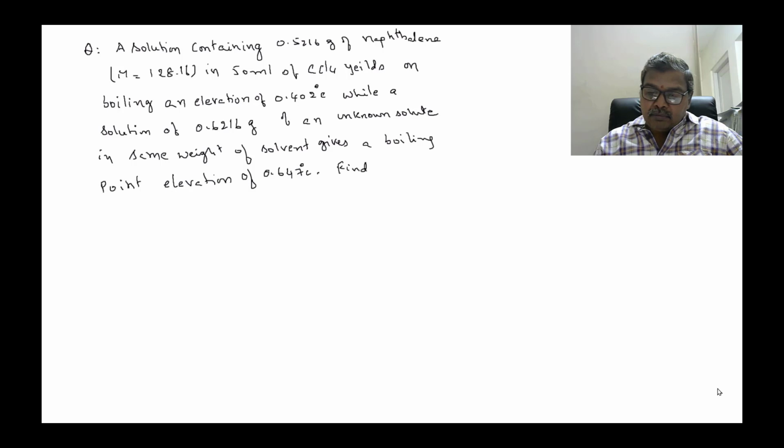Find the molecular weight of the unknown solute.